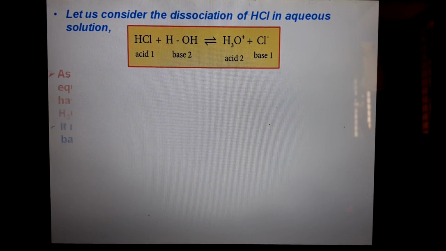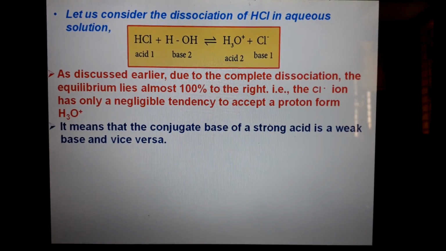Okay, now, in the last session, due to the complete dissociation, the equilibrium lies almost 100% to the right.